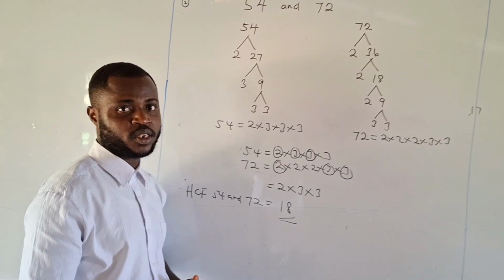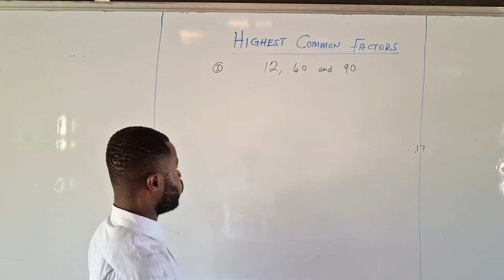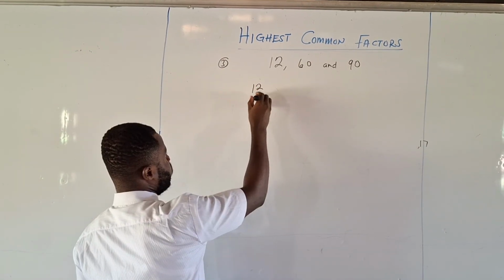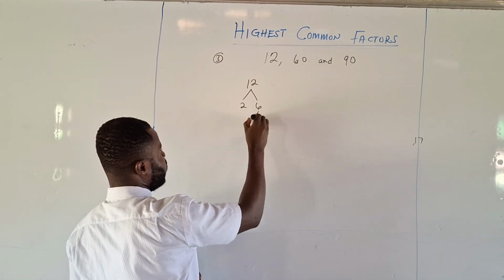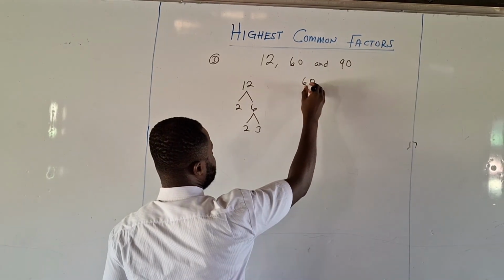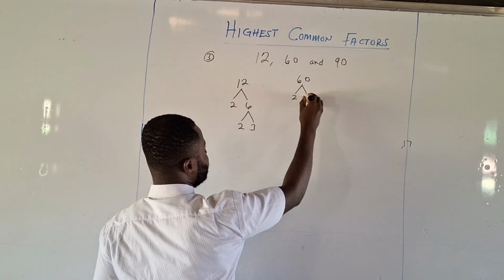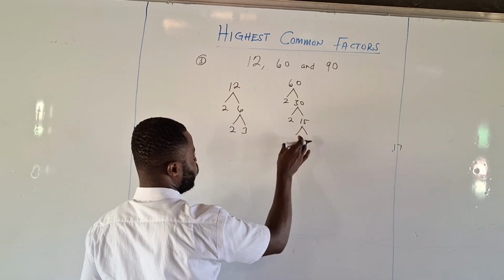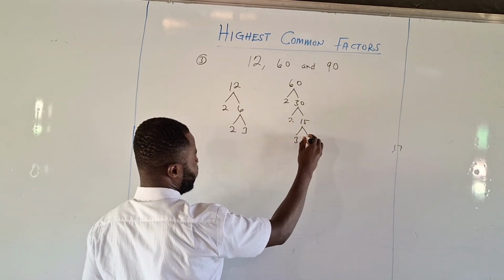Let's take another question. This involves 3 numbers, 12, 60, and 90. So we start with 12. Here we have 2 and 6. Here we have 2 and 3. Now 60, we can have 2 and 30. Here we can have 2 and 15. 2 cannot work, so we use 3, 3 and 5.